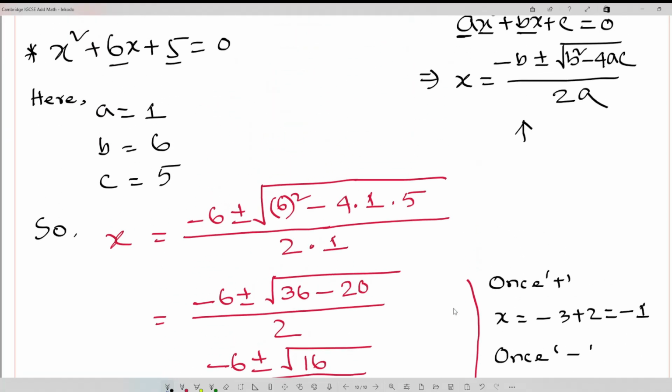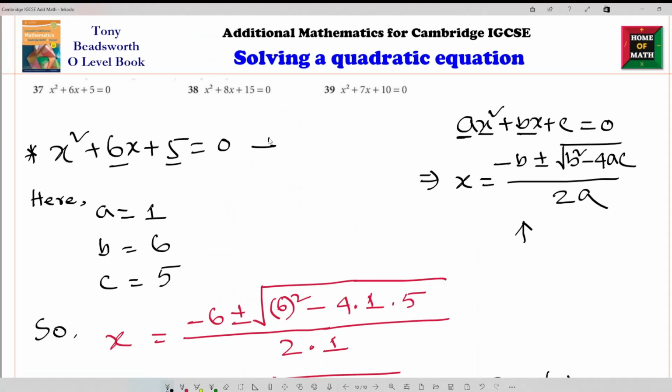So what is our answer? Our answer is x equals either minus 1 or minus 5. Okay, and this is our answer.